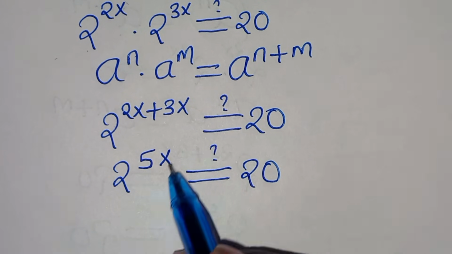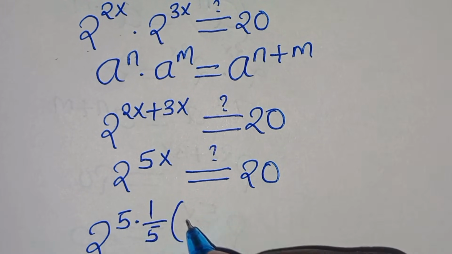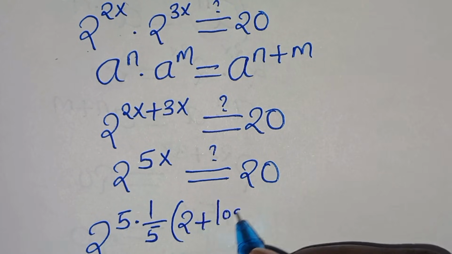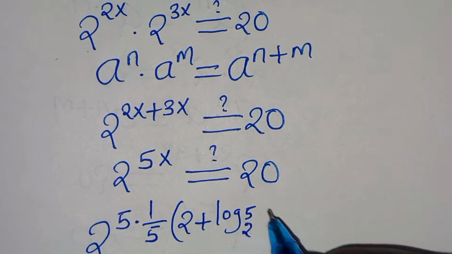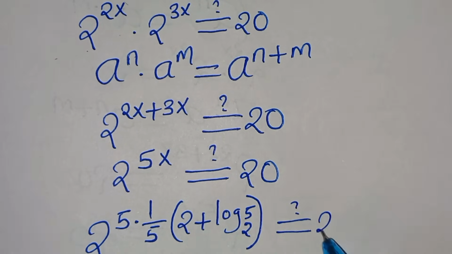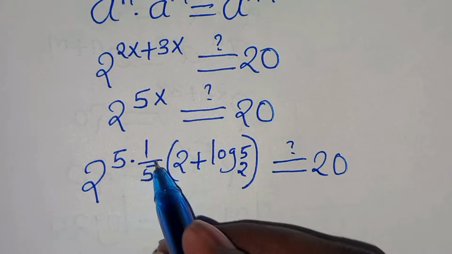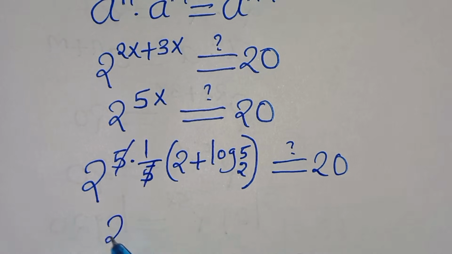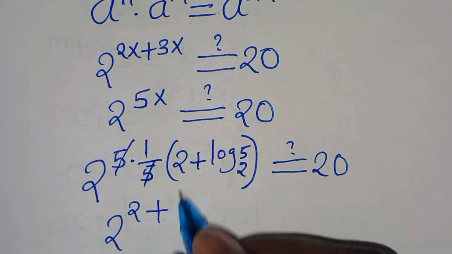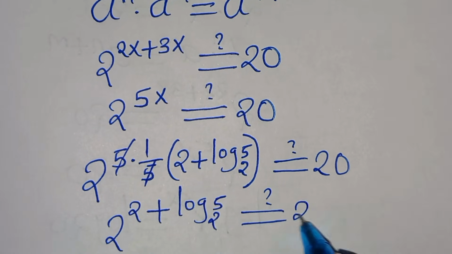Now, let's substitute the value of x, which is 1 over 5 into the parentheses, 2 plus log 5 to base 2, close the parentheses. So let's simplify 5 and 5 here so that we have 2 to the power of 2 plus log 5 to base 2. This should give us a value of 20.